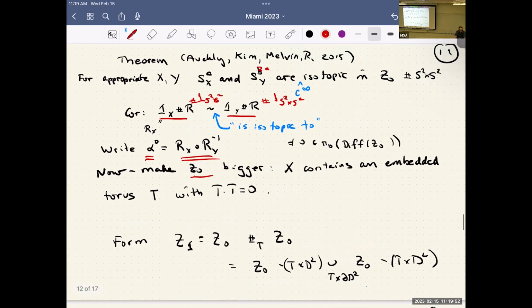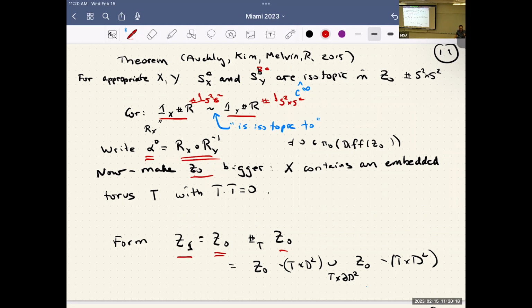We do this by making this manifold bigger. I'm going to form a new manifold called Z1, and as you can guess, this is the inductive step, and we just keep doing this. This is what's called fiber sum, or submanifold sum, which I think is a more accurate way. Remember that Z0 was built out of a K3 surface.